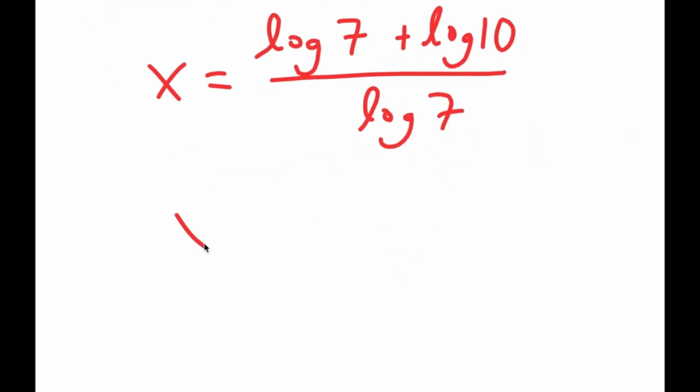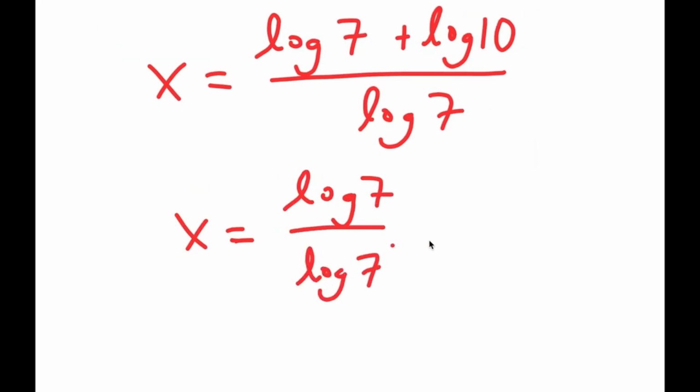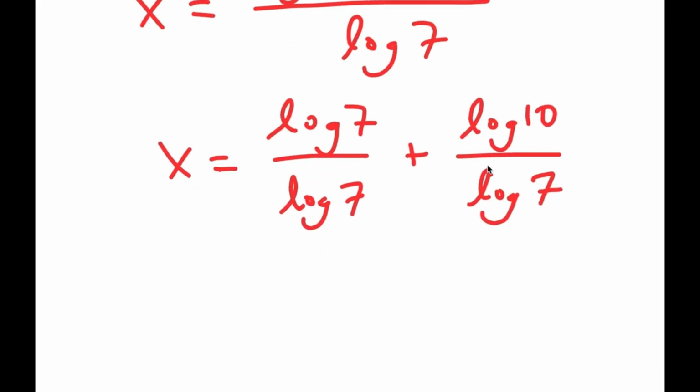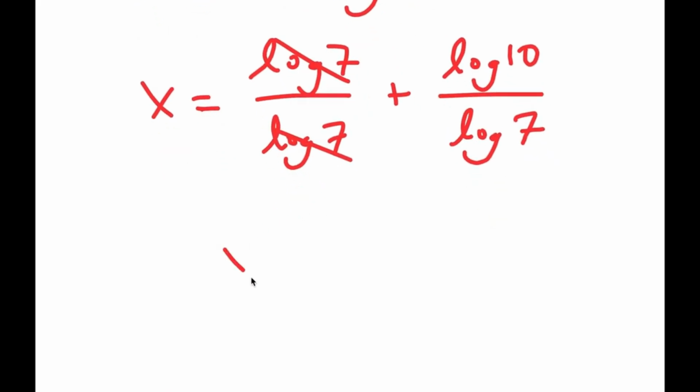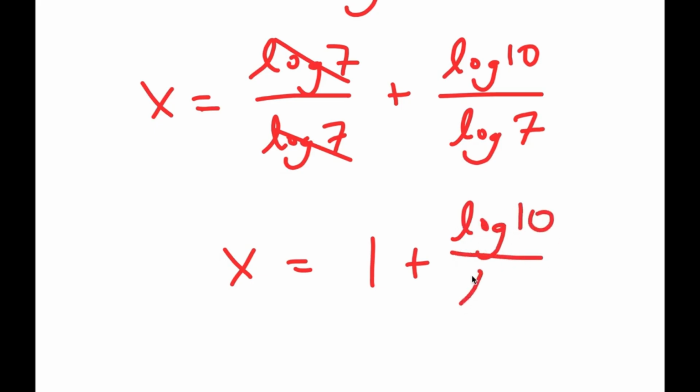And I can rewrite this as log 7 over log 7 plus log 10 over log 7. Now log 7 and log 7 cancel out, so I get x is equal to 1 plus log 10 over log 7.